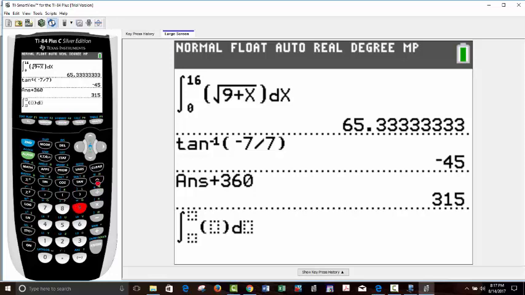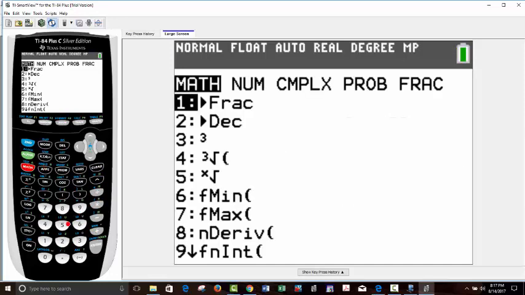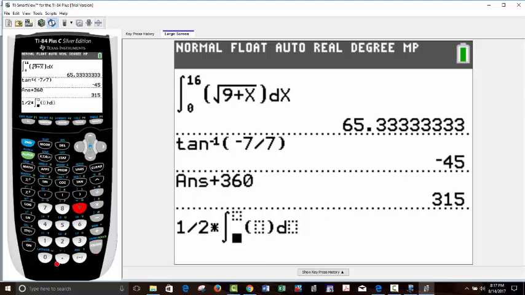I forgot to put the 1/2 in front there, which I could have taken care of at the end, but 1/2 times the integral from 0 up to pi over 2 of 7 times sine. I guess actually I am in polar mode. Well, that'll be all right then. I didn't change out of it, so that's fine.